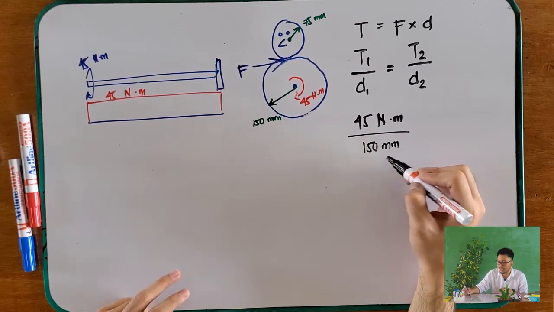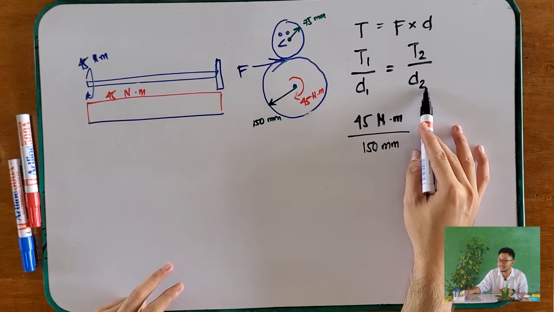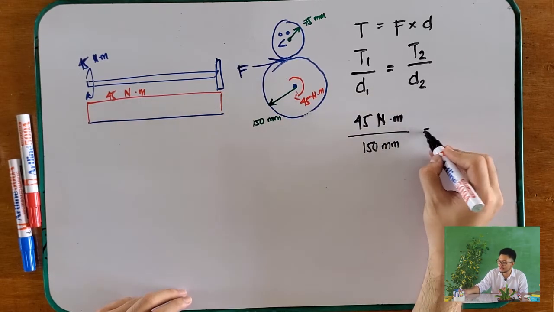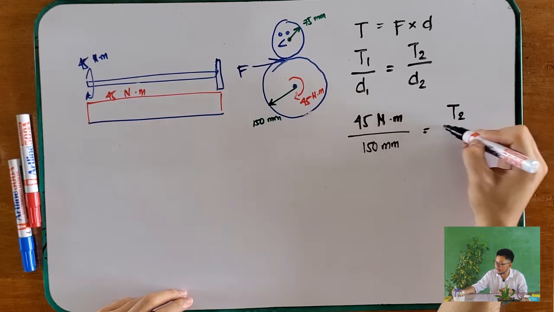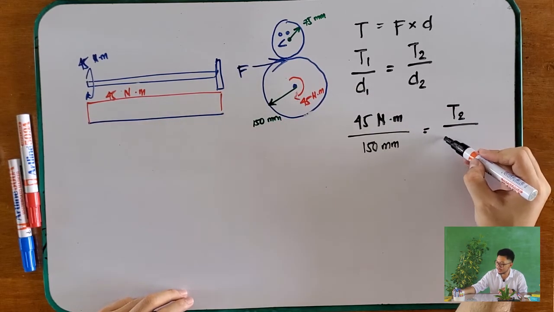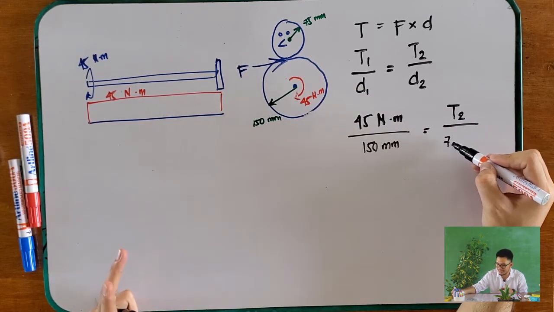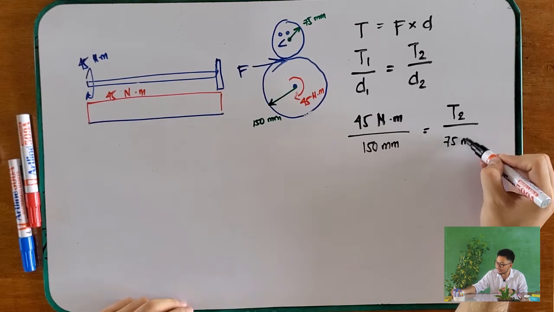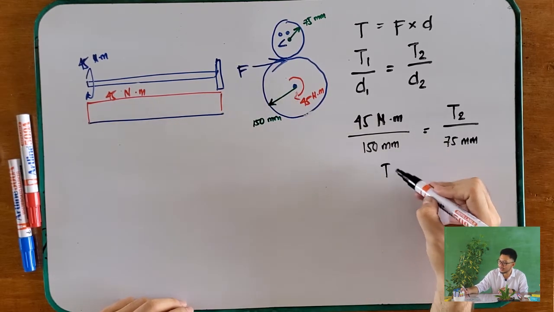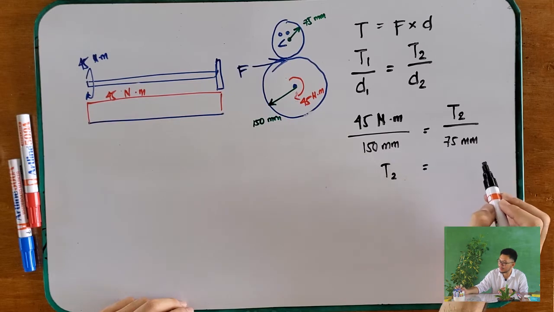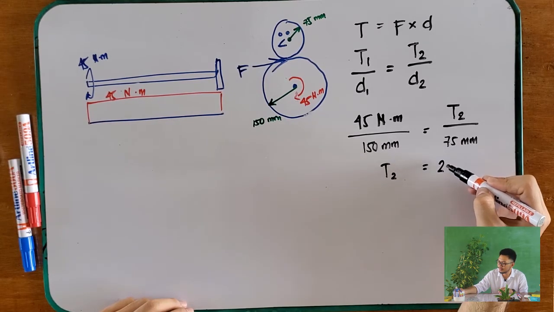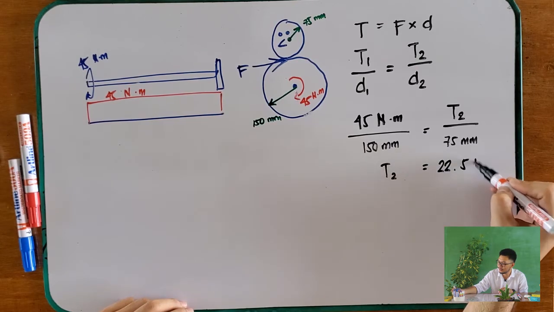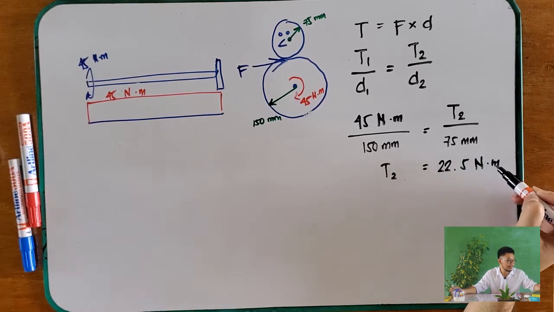We can just use 150 millimeters because it will cancel out to the other D. Next is T2 over your second diameter, which is your second radius, 75 millimeters. So therefore, your T2 is probably 22.5 Newton meter. Am I right?